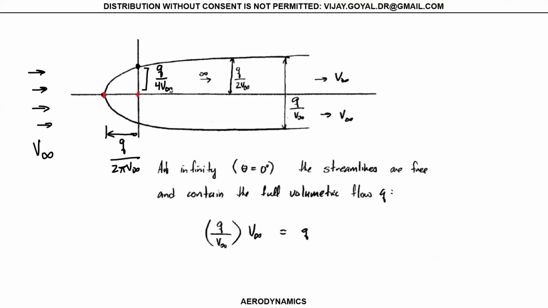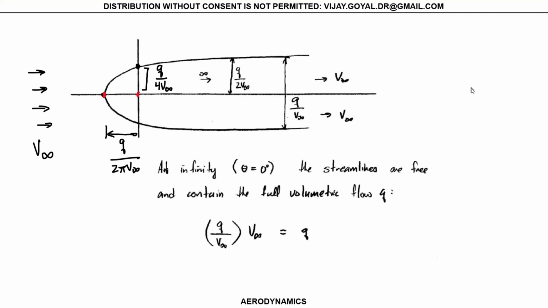And what you can show is as you go to infinity, this becomes basically q divided by 2 times v infinite. And that happens when theta is equal to 0 and the streamline keeps on going to infinity.